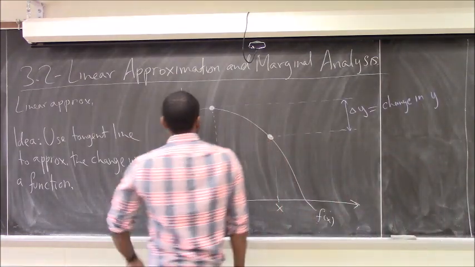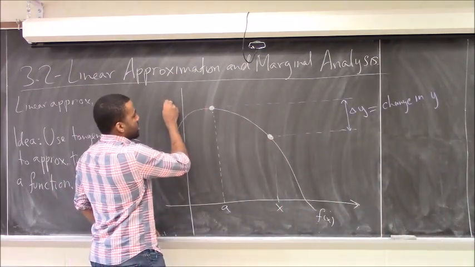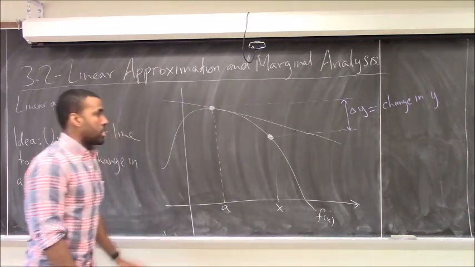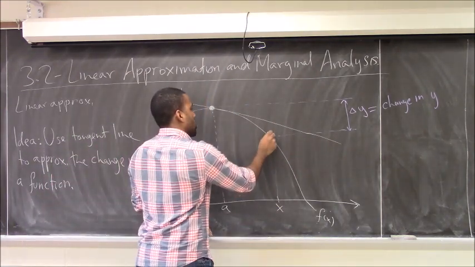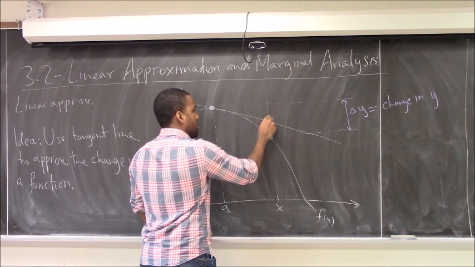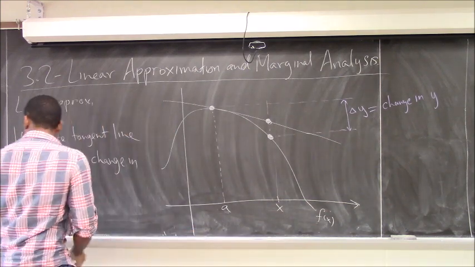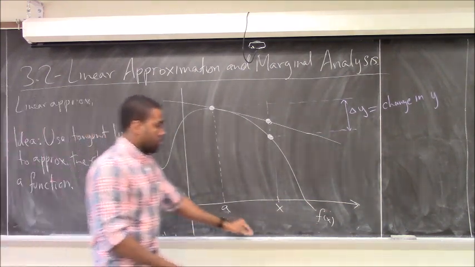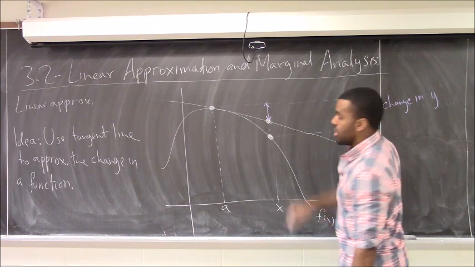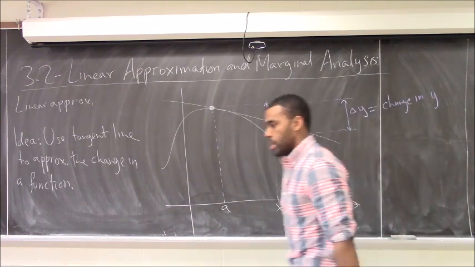So what you can do is, at this point where you have a lot of information, create a tangent line. And you can figure out a point on the tangent line for the x value that you care about. The difference between the old y value and the tangent line has the notation dy, meaning derivative.